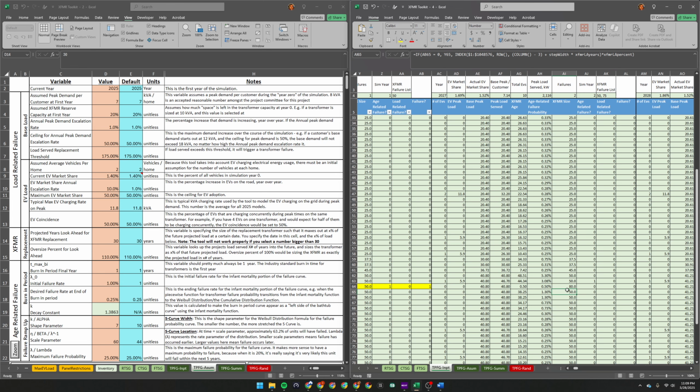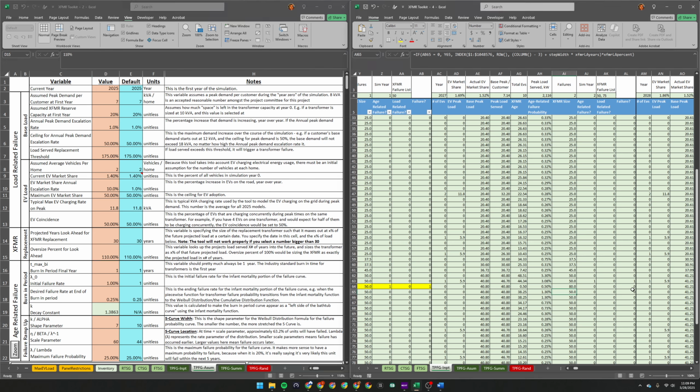So it's looking ahead 30 years, grabbing whatever that modeled number is for load, and then multiplying that number by this next variable, the oversized percent for look ahead.